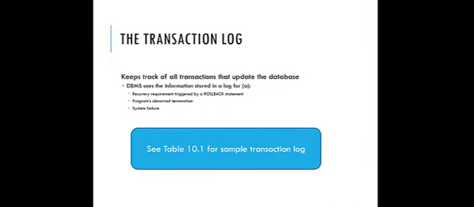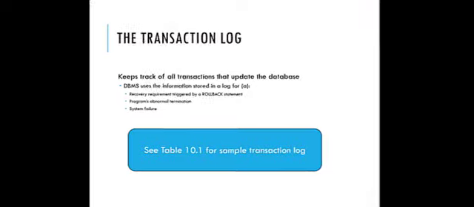The author introduces a transaction log, and a transaction can use that transaction log to maintain a list of what's going to happen if we commit or if we roll back. If you look in the textbook at table 10.1, there's a sample transaction log.